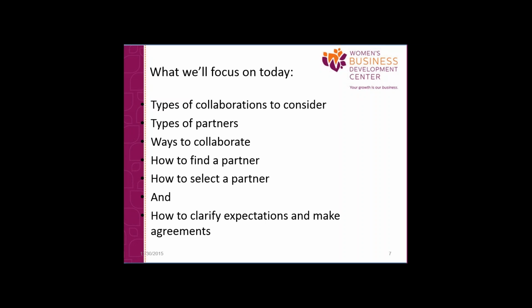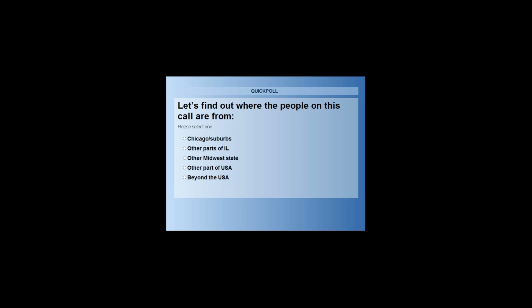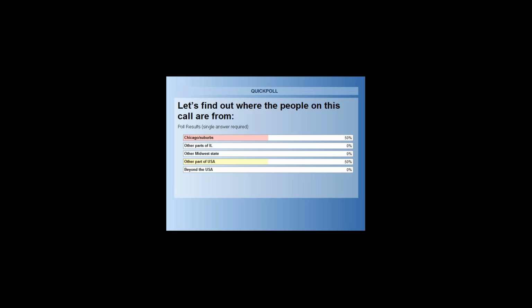So with that information, let's take our first poll. Let's find out where you're from. Just take a moment now and tell us. Okay, let's close the polls. Thank you very much. Somebody's from the hinterlands. Let me know in our question area where you're from. Those people outside of Chicagoland, I'd be curious to find out.